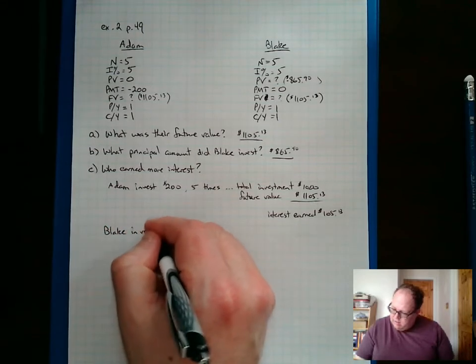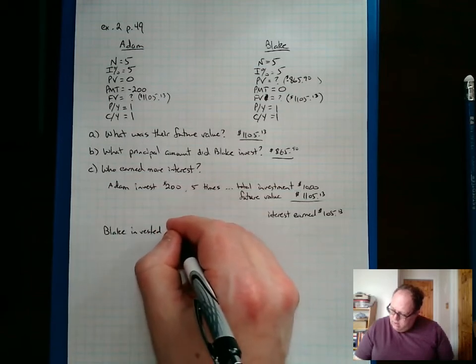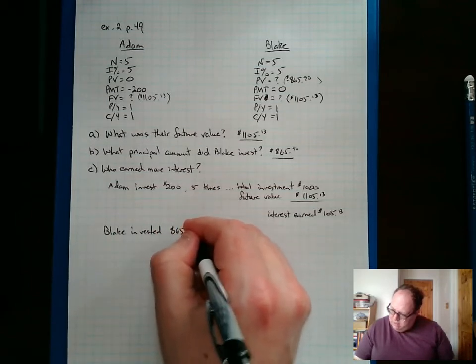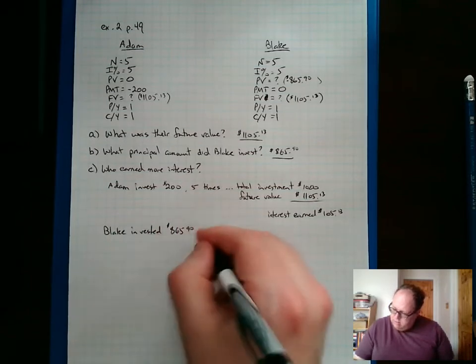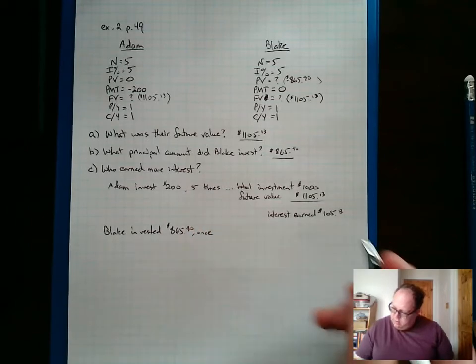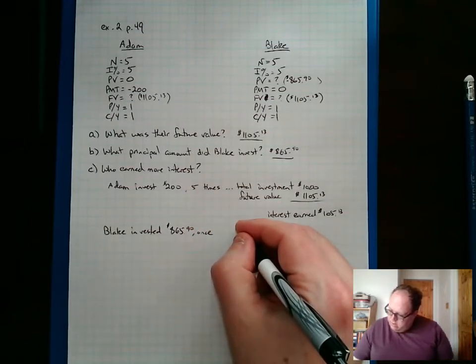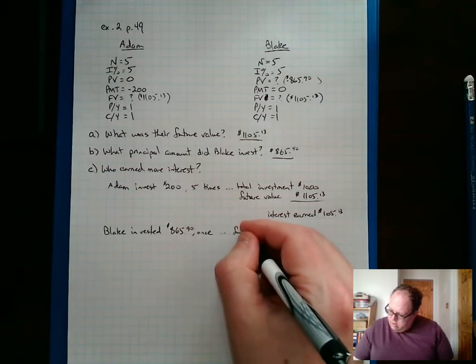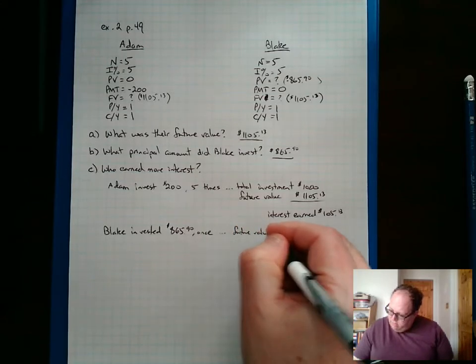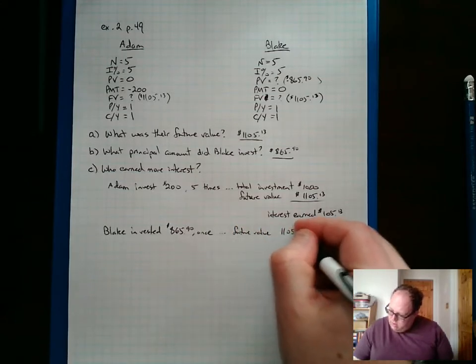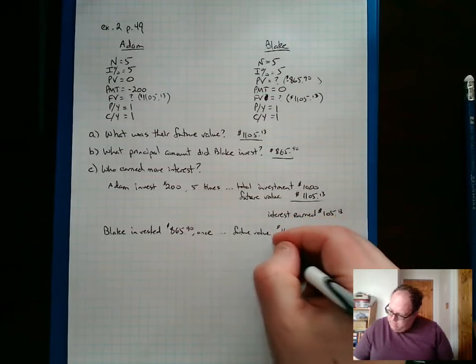Blake invested $865.90 once at the first. His future value, $1,105.13.